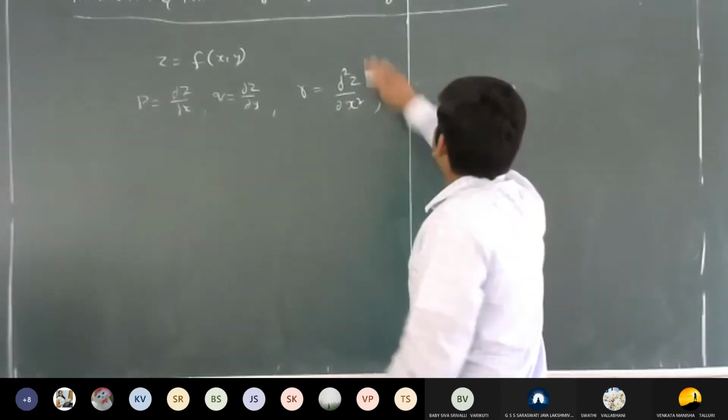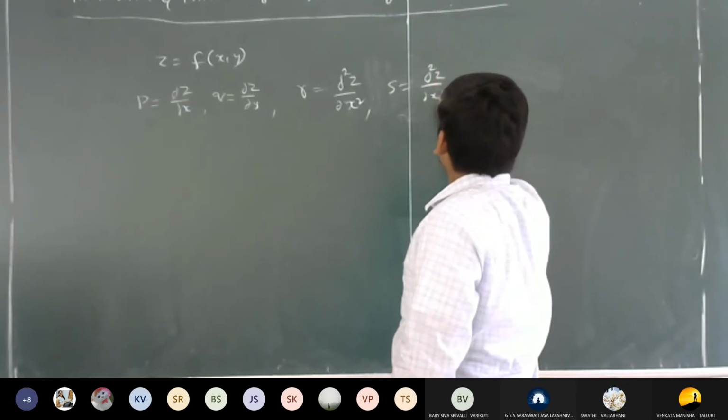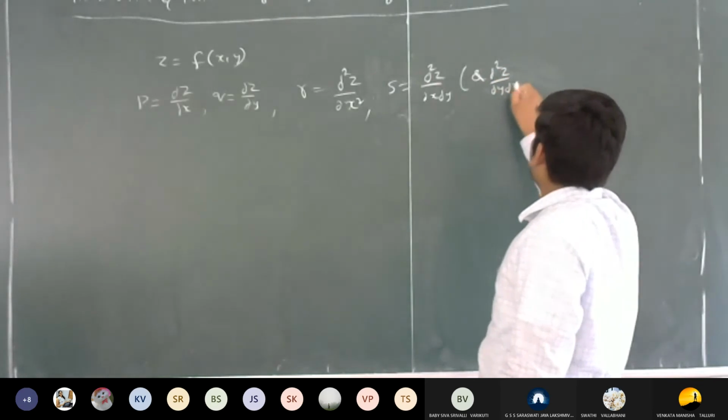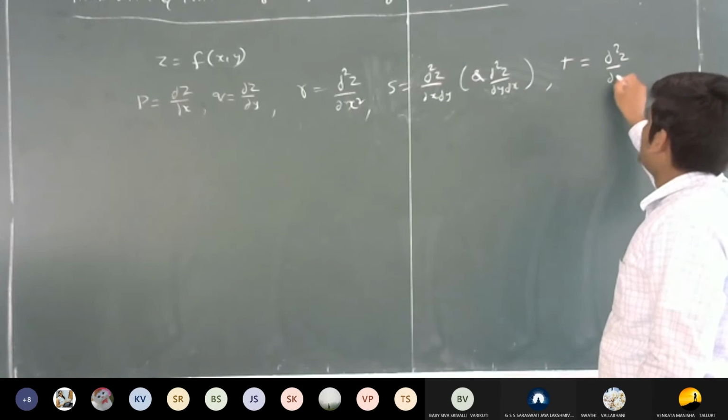Next, S is the mixed derivative. S is equal to dou square z by dou x dou y, or dou square z by dou y dou x. This is called the mixed derivative. Next, t. So t is equal to dou square z by dou y square. So these are the notations P, Q, R, S, T.